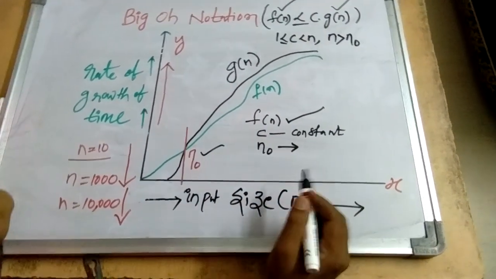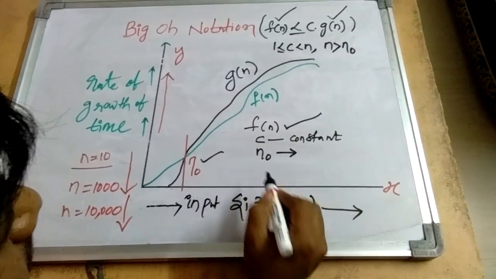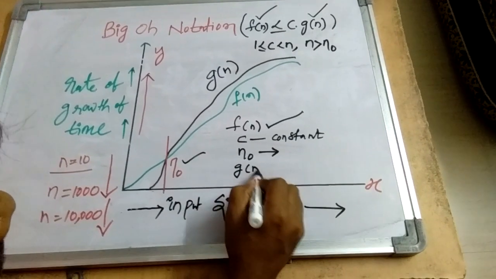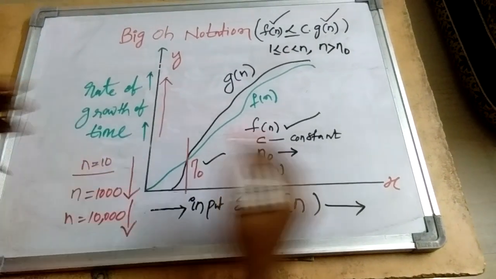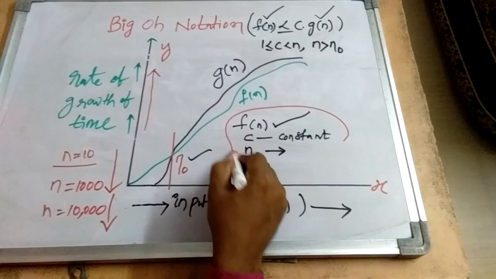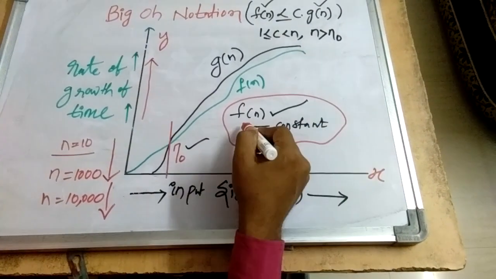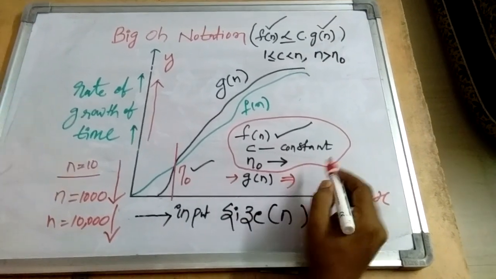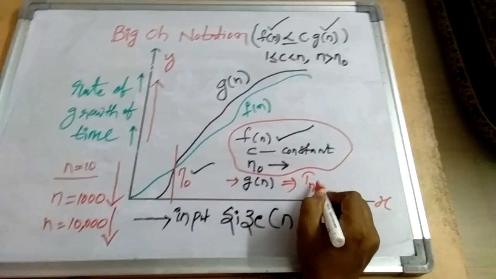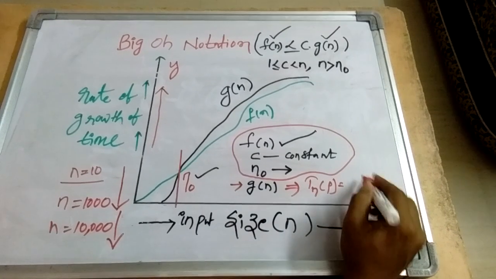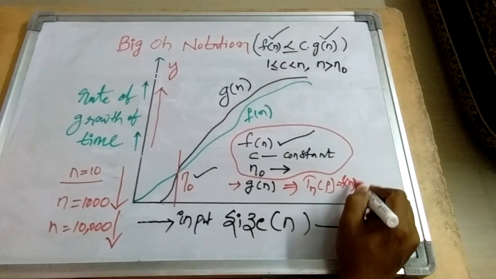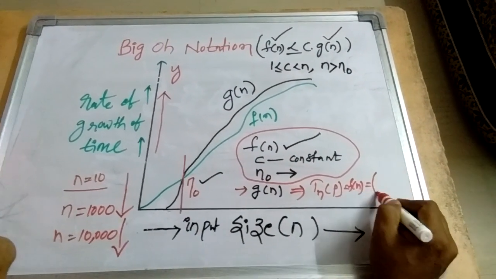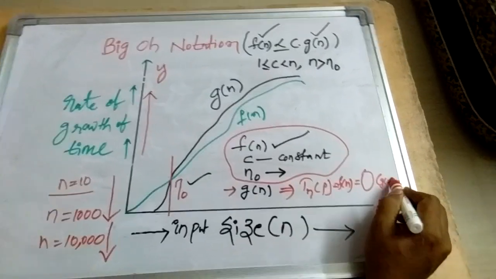Then we can get the g of n. Once you get the g of n, the time complexity of a given program, f of n, can be represented as big O of g of n.